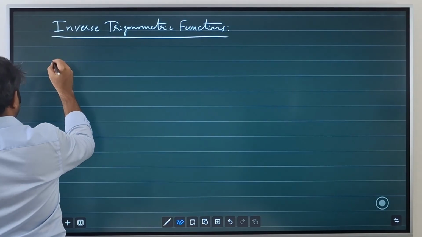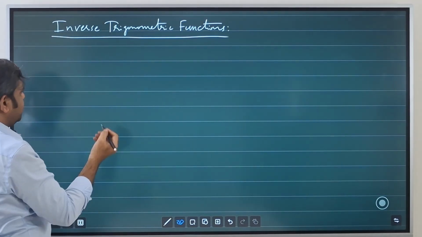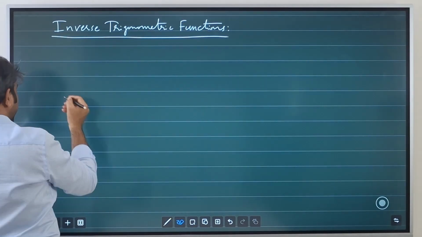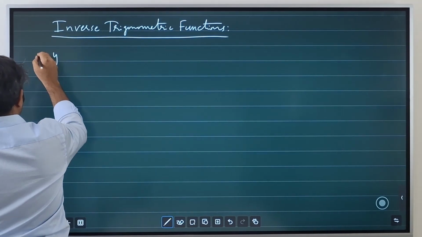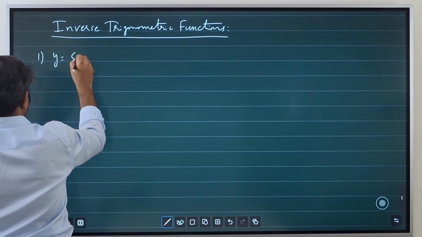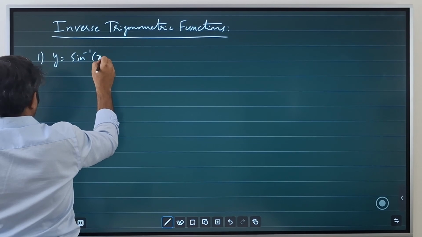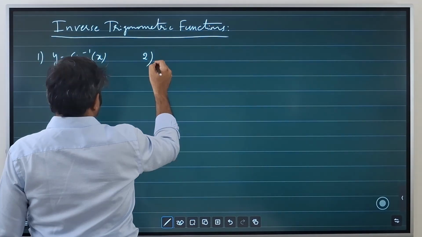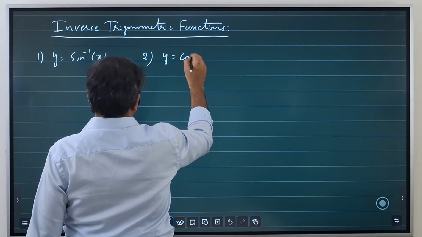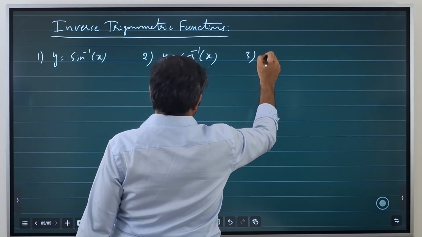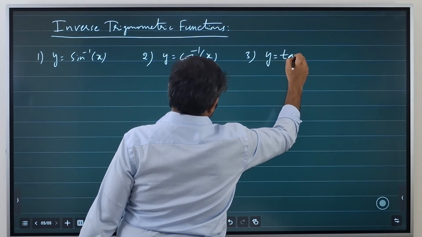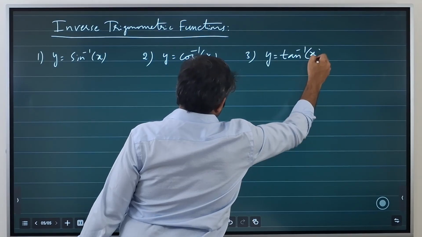So we are going to basically discuss three inverse trigonometric functions. One is y is equal to sine inverse of x. The second inverse trigonometric function that we are going to discuss is y is equal to cos inverse of x. The third one is y is equal to tan inverse of x.